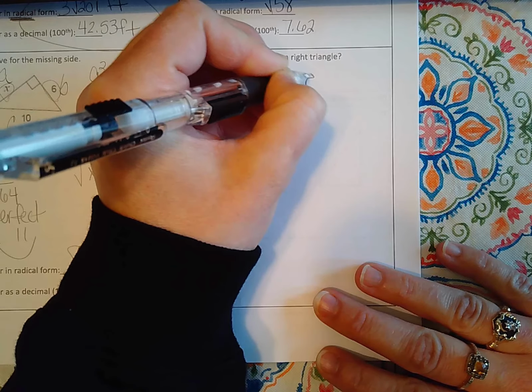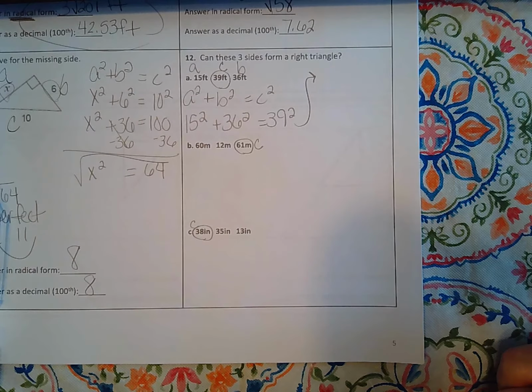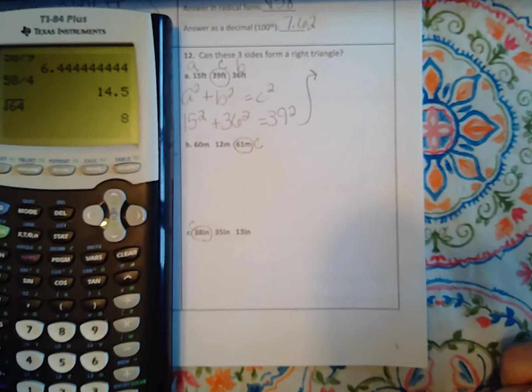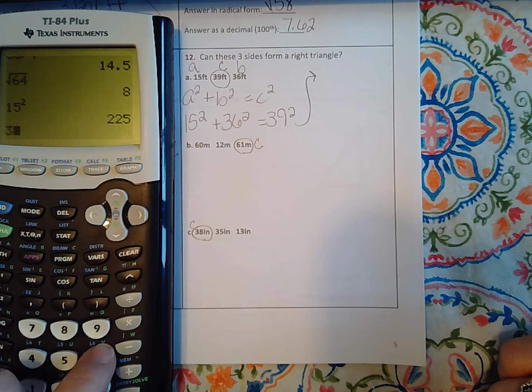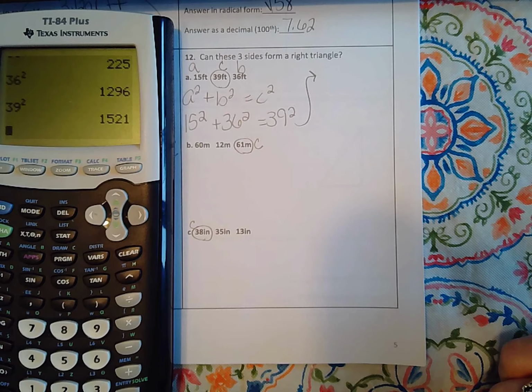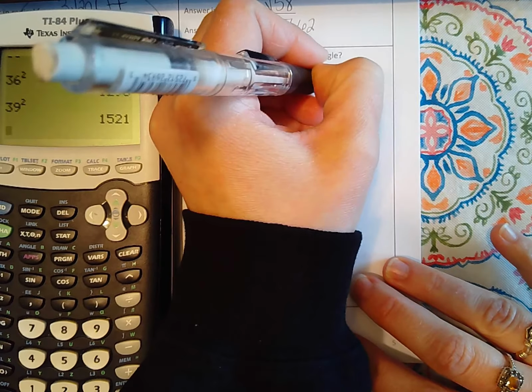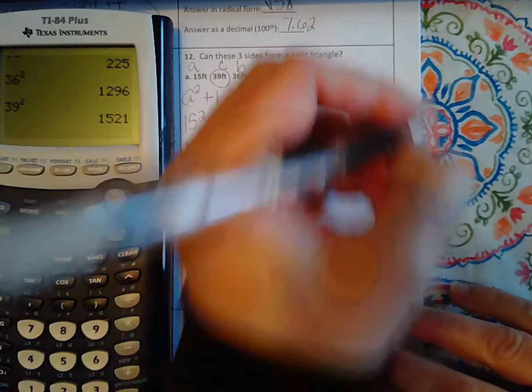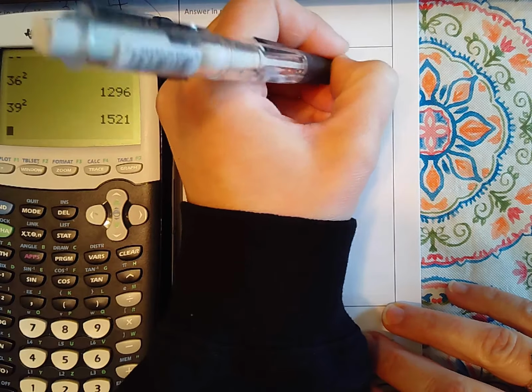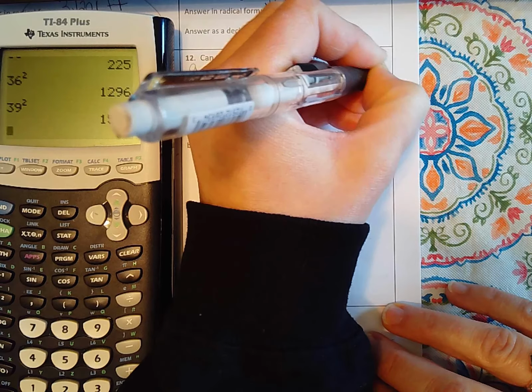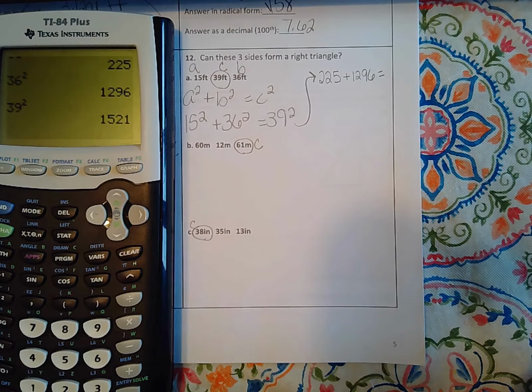I'll hop on right here and, ready? 15 squared, 36 squared, 39 squared. Okay, you ready? So 15 squared is 225. 36 squared is 1296. 39 squared is 1521.